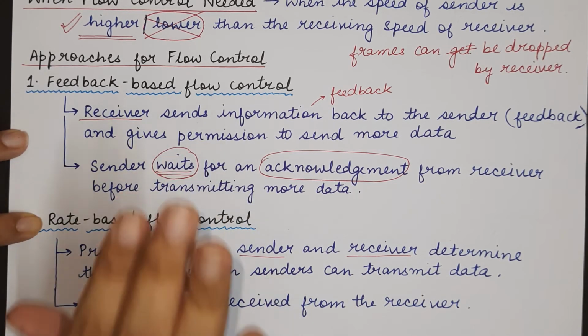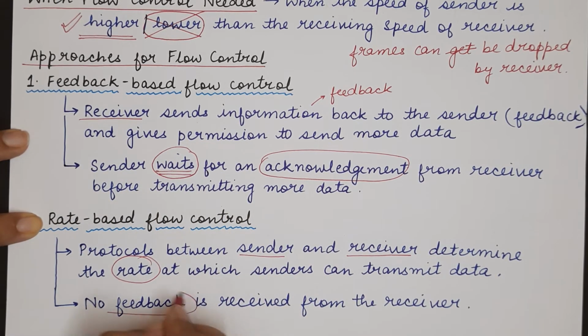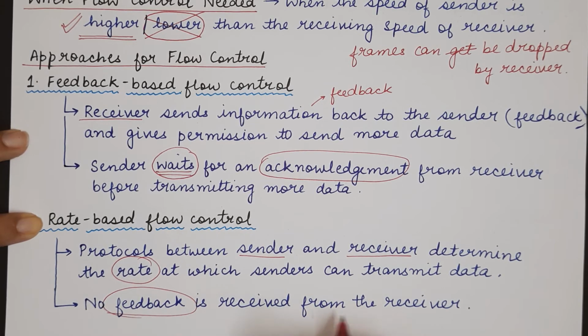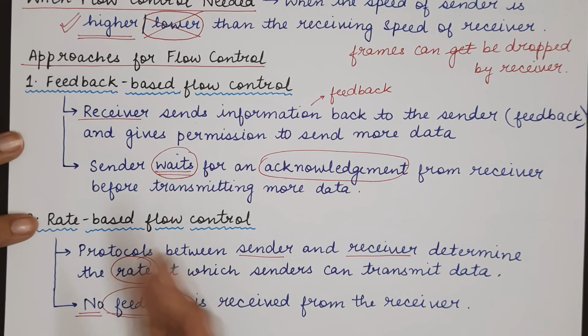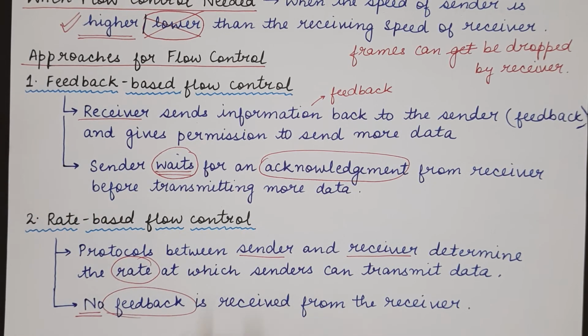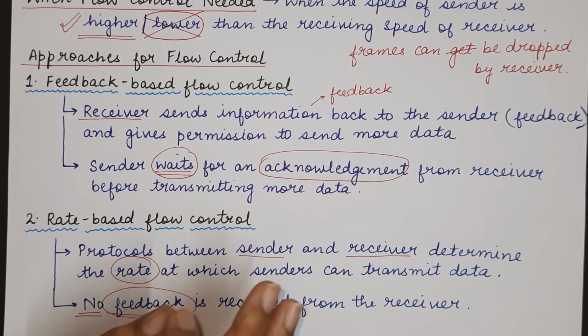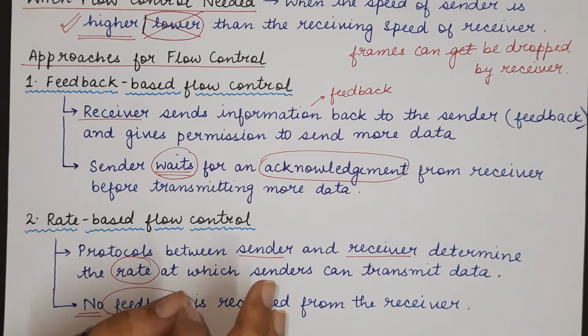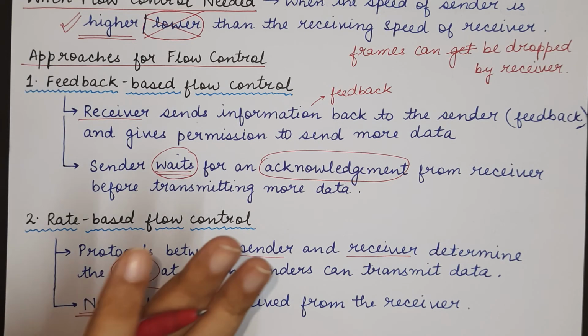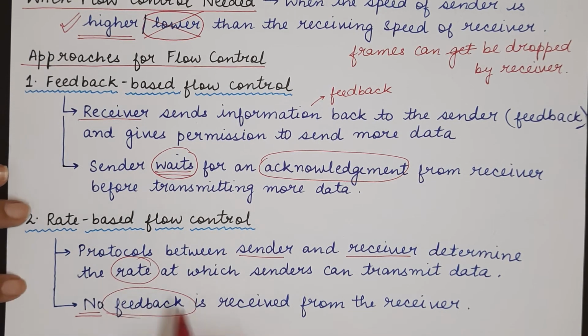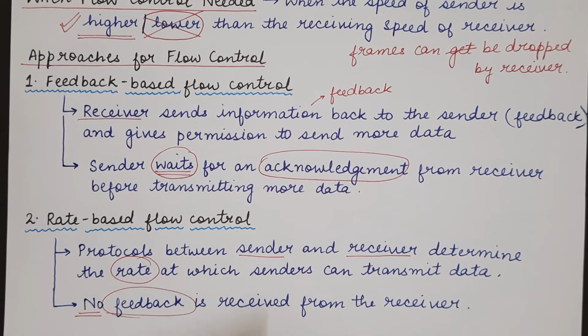So there is no need for any feedback or acknowledgement from the receiver. The protocols used to exchange data between the sender and receiver have predefined the speed at which the sender should send, and that speed is set according to the receiver's capacity. So here no feedback is required from the receiver.